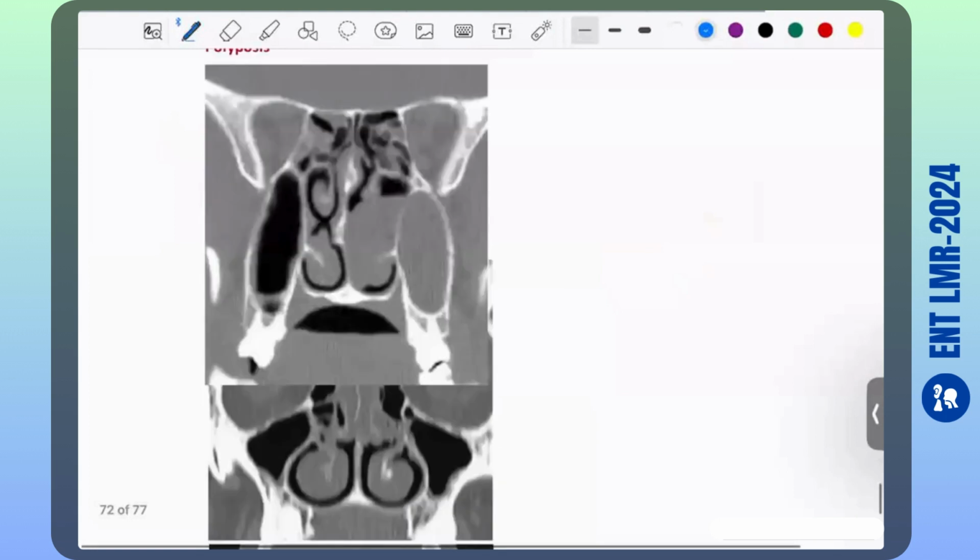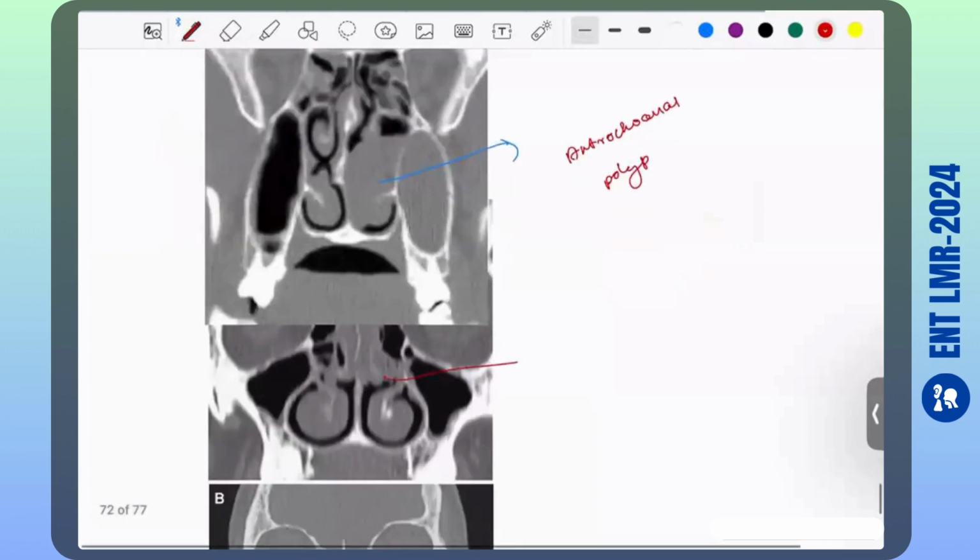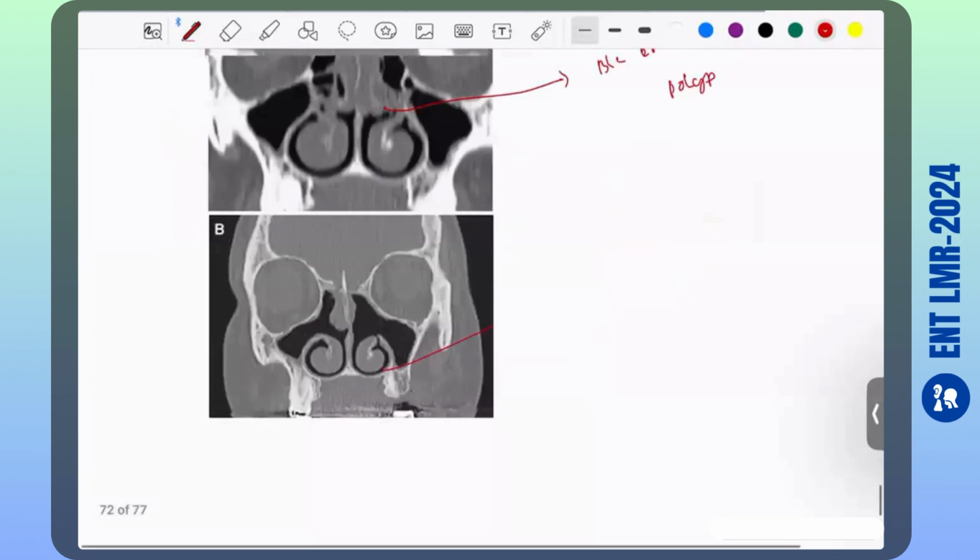See here, this is a case of antrochoanal polyp. Polyp coming out of the antrum, reaching till the choana. This is a bilateral ethmoidal polyp. This is again post-op.